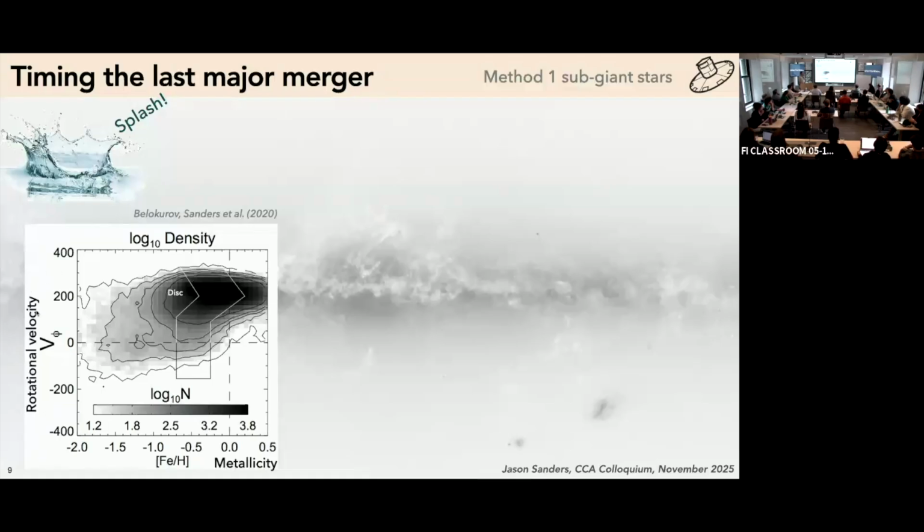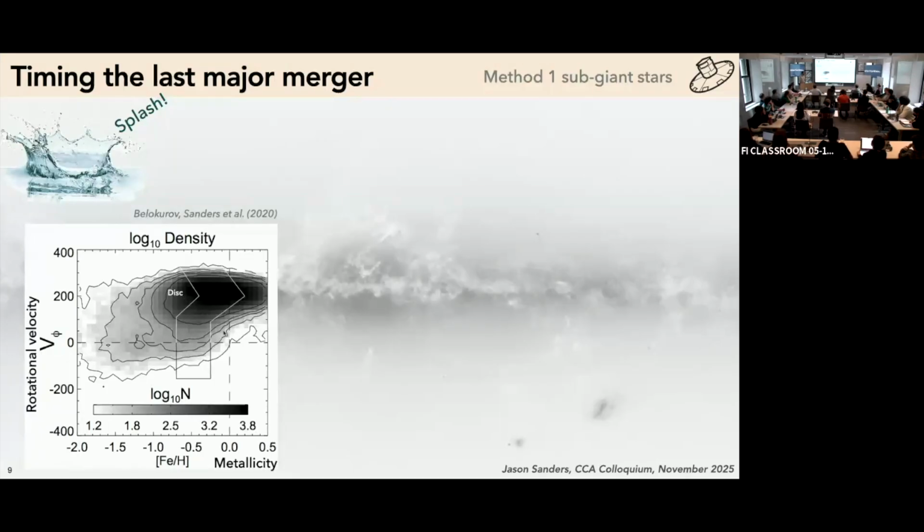This is the rotational velocity of stars against their metallicity, for stars nearish the sun in the Milky Way, and you can see the stars here rotating at 200 or so kilometers a second. These are ordinary disk stars. When we go down to lower metallicities, we see the more halo-ish populations, these non-rotating populations, potentially some of them associated with this GSE merger.